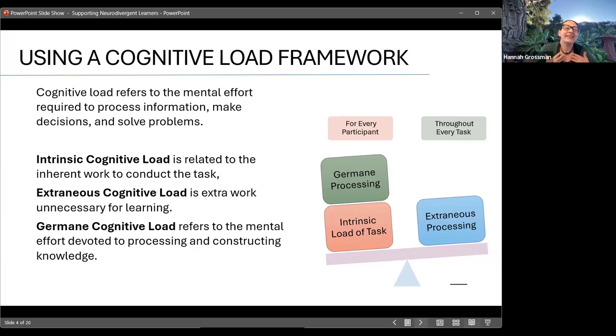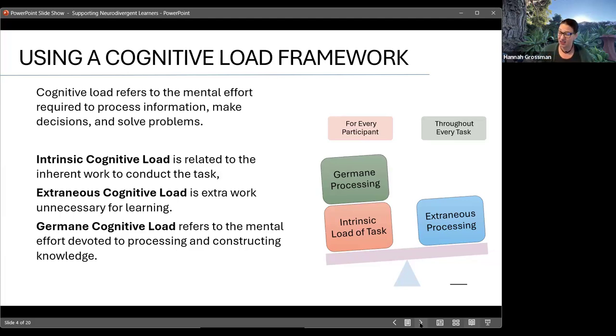Now, when using this cognitive load framework, the part that's really important to understand is the idea of cognitive overload. The idea that once you hit a point above what the cognitive load can manage and above what can be balanced with that cognitive load, your processing will suffer.